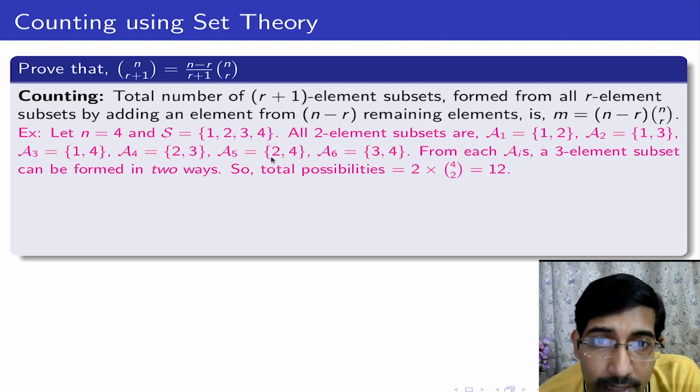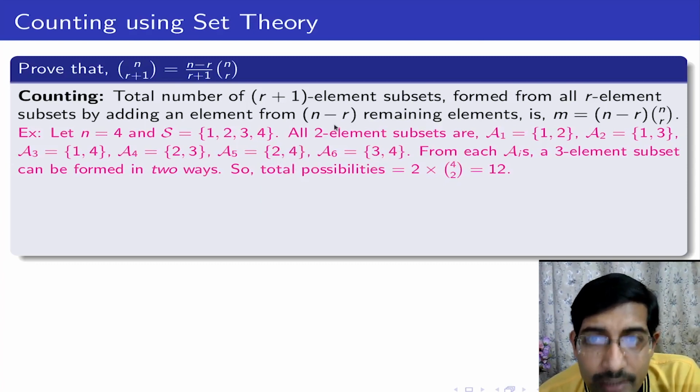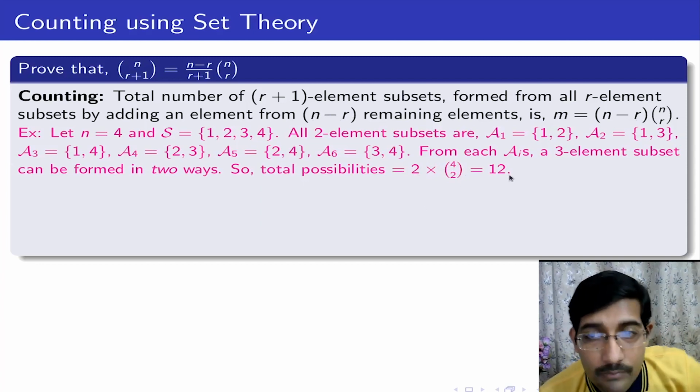Suppose for A5, I can take 1 to put in here, or I can take 3, to make it a 3 element subset. Therefore, the total number of possibilities in this case will be (n minus r) times nCr, which is 2 into 4C2, which is 12.